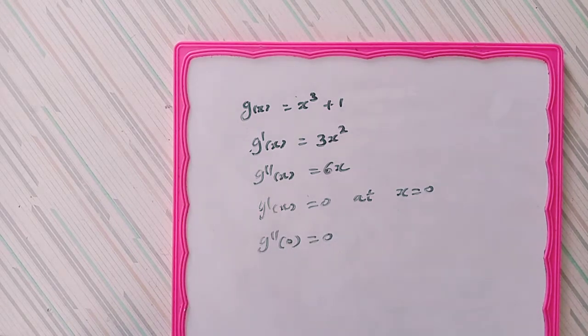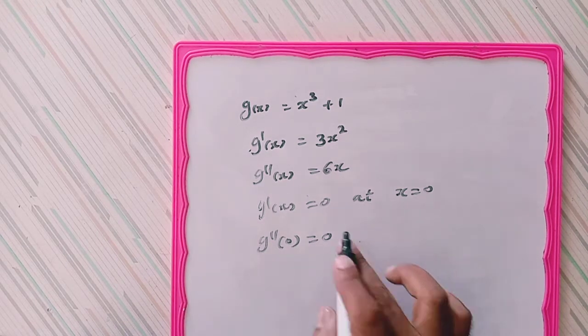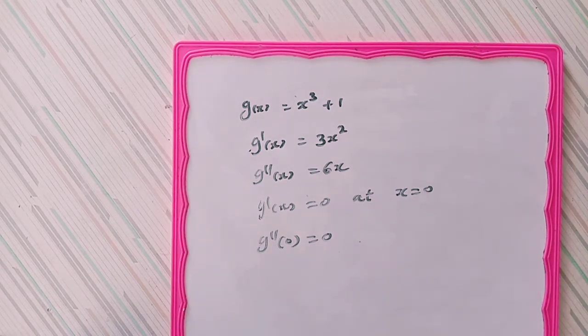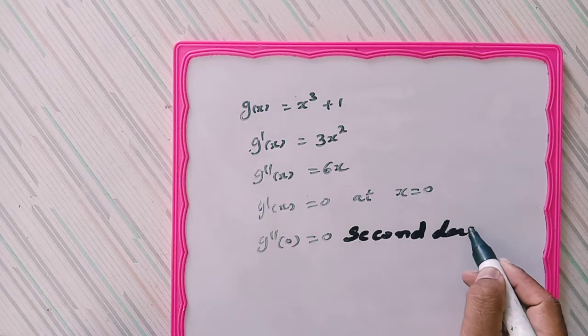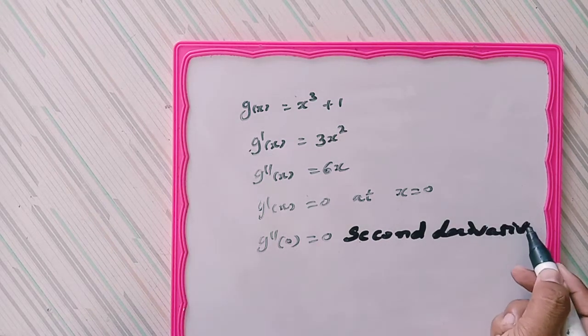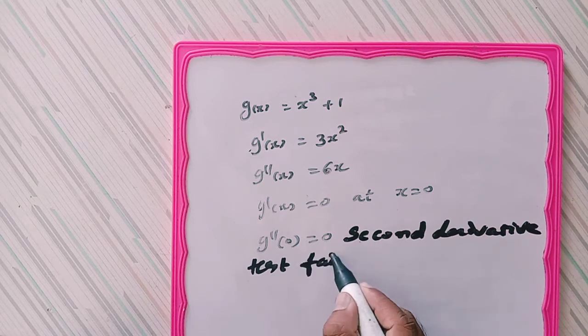So your second derivative is also 0, and so the second derivative test fails.